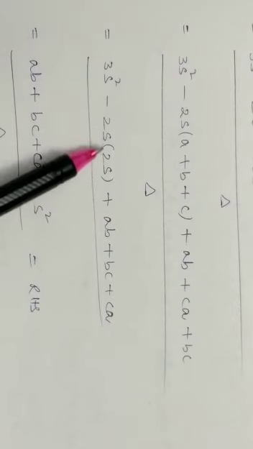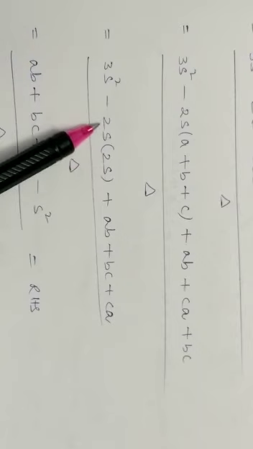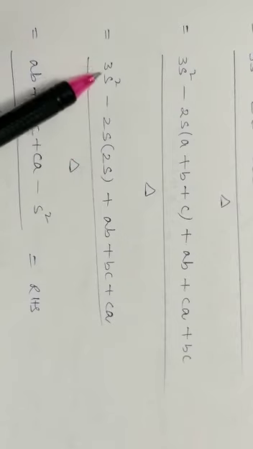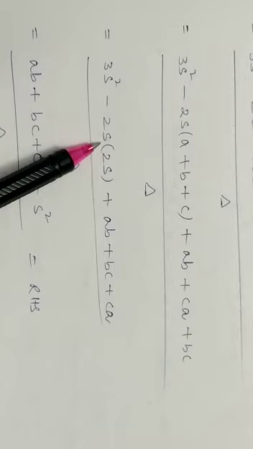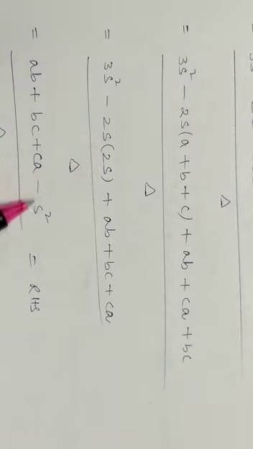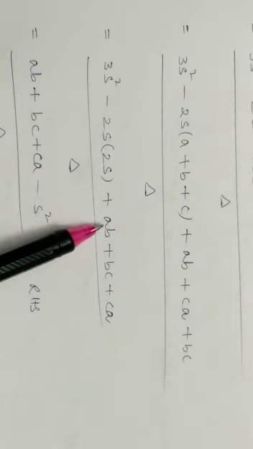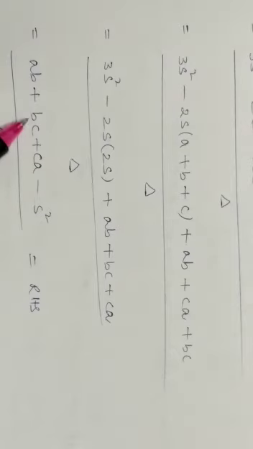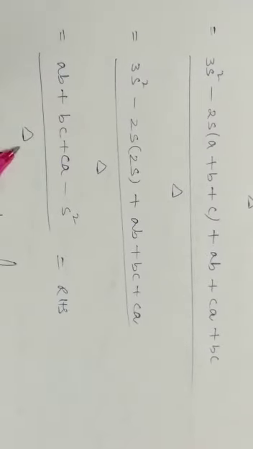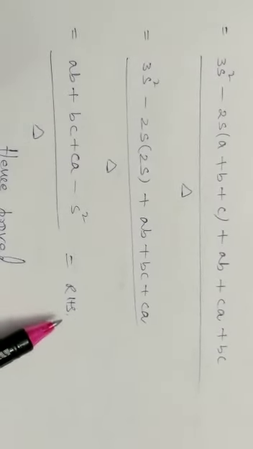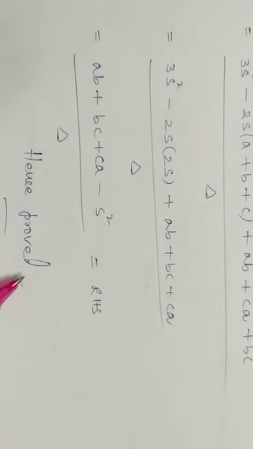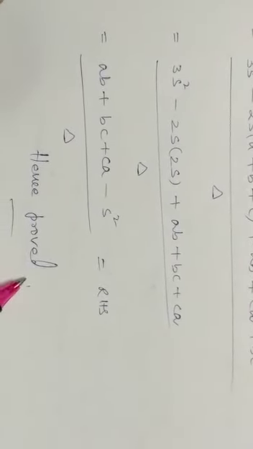So 3s square minus 4s square is minus s square. The remaining terms: (ab plus bc plus ca minus s square) by delta, which is our required RHS. Hence the problem is over.